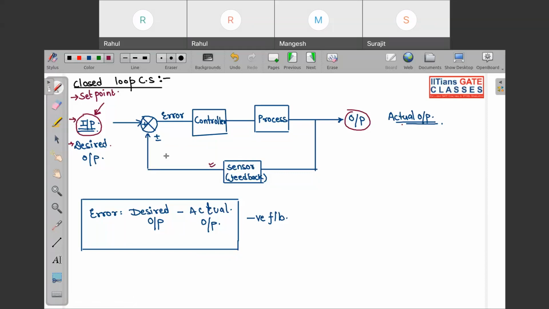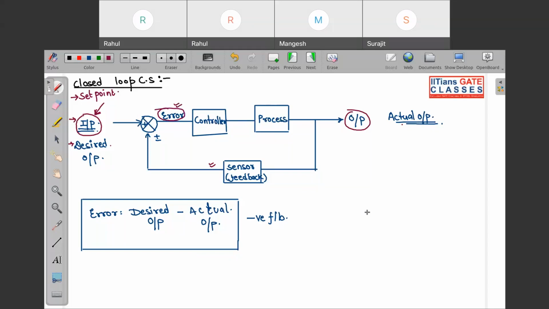In a negative feedback system, basically we try to minimize this error. This is your comparator, where the desired output is compared with the actual output, and then according to this error your controller takes action and rectifies the process to get your desired output.